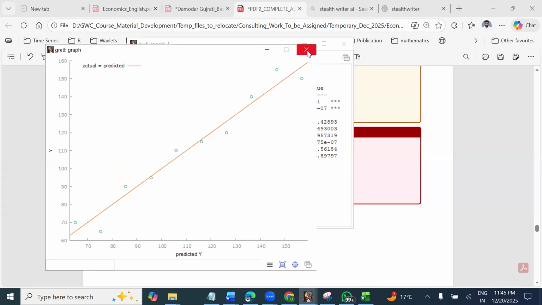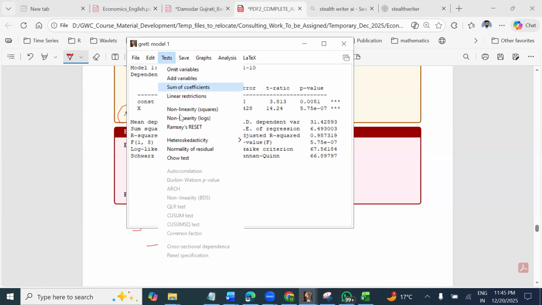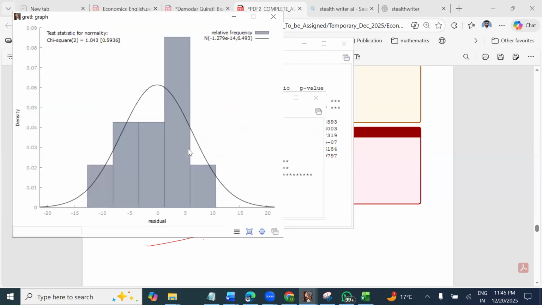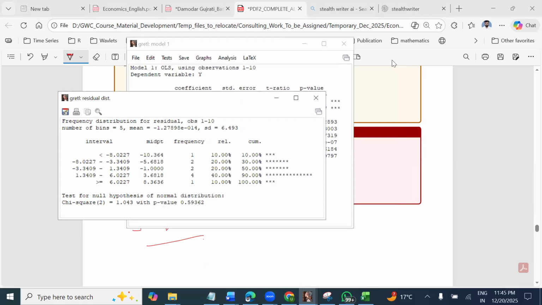Now, if I want to test, I'll run the normality test. The normality test gives me an idea whether the error terms in the regression model are normally distributed or not.